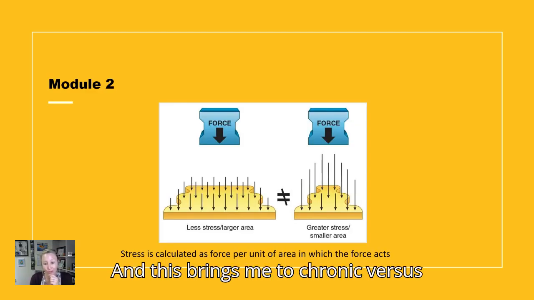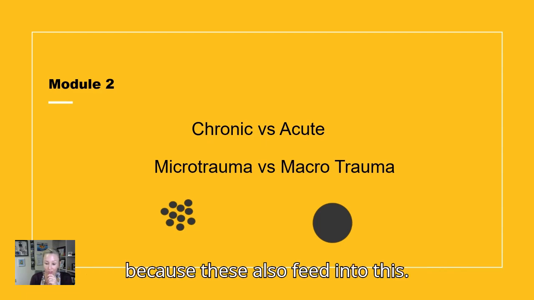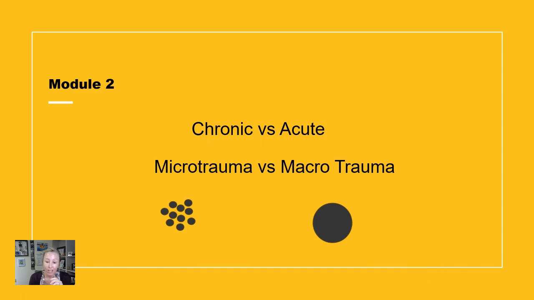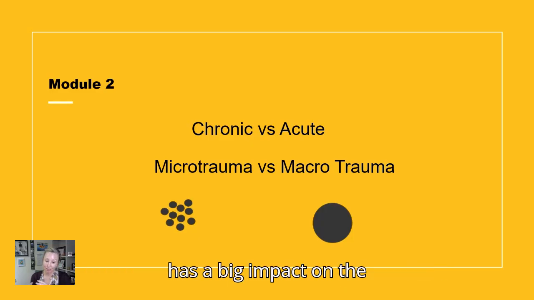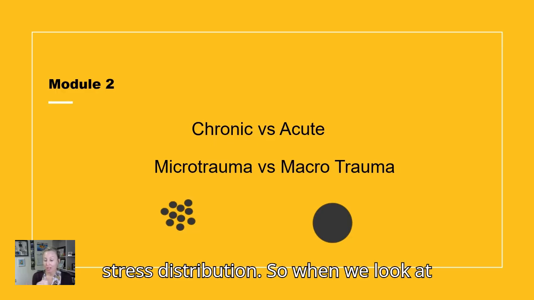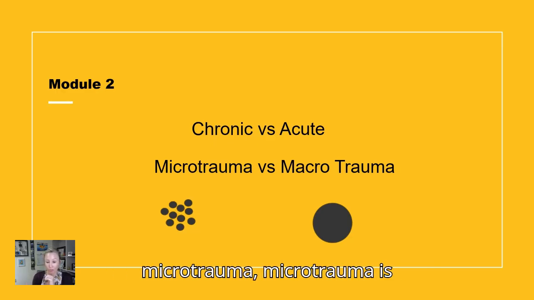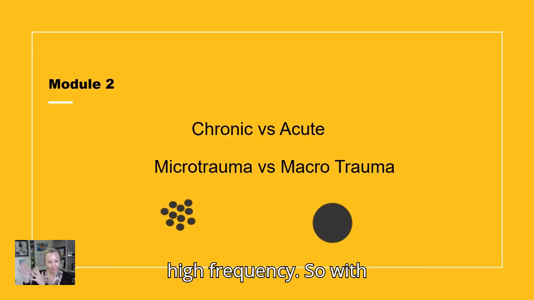And this brings me to chronic versus acute and microtrauma and macrotrauma, because these also feed into this. So let's start with microtrauma and macrotrauma, because it has a big impact on the part where we were talking about stress distribution. Microtrauma is when there's small, low load, high frequency.